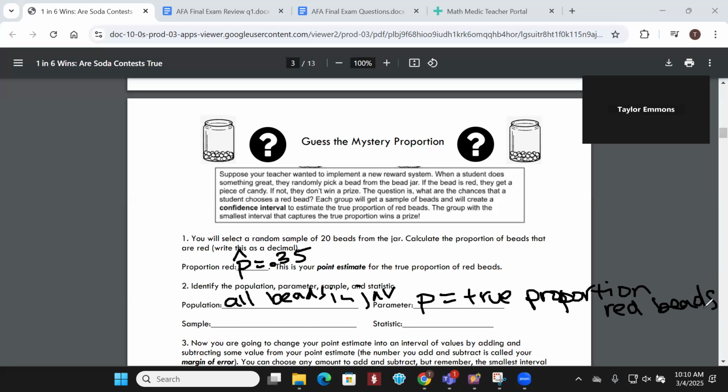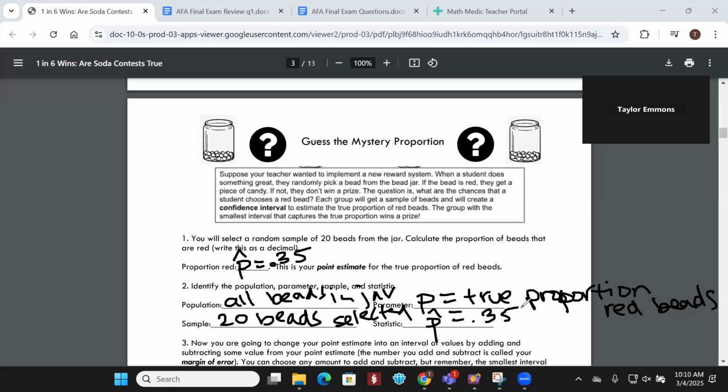It's like, where are you pulling your sample from, and then what are you actually trying to find? Parameters, like what exactly are you looking for? For the sample, you're going to have 20 beads selected. And then the statistic, y'all already told me, is p-hat equal to 0.35. Good. Again, they use the word point estimate.